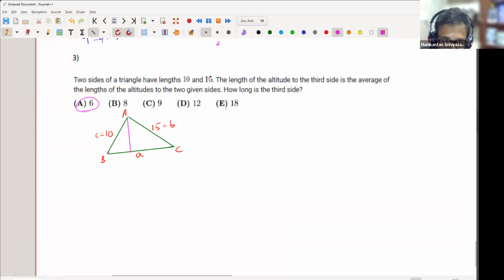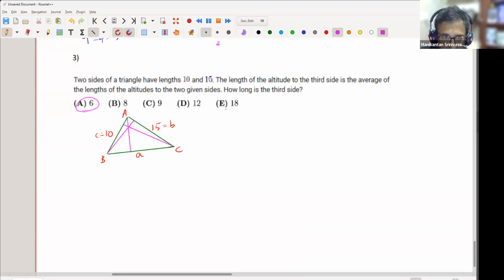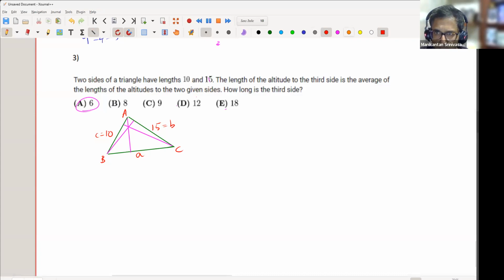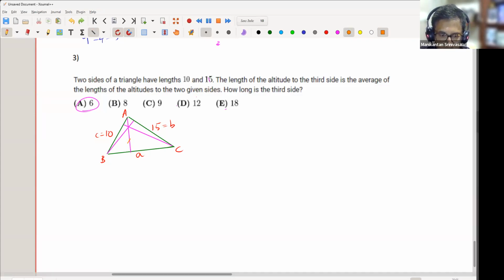So this is one altitude, this is another altitude, and this is a third altitude. Let's give the altitudes some names, in symmetry with A, B, C. Let it be P, Q, R in that order. The one corresponding to A is P, the one corresponding to B I'll call Q, and this is R. Okay.